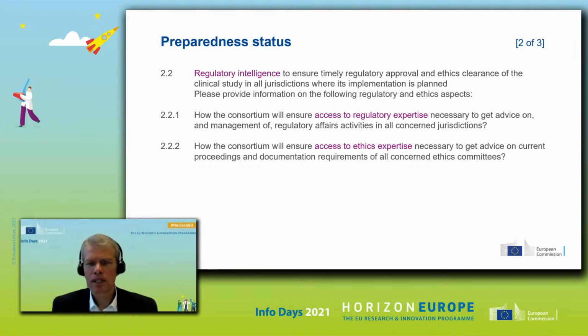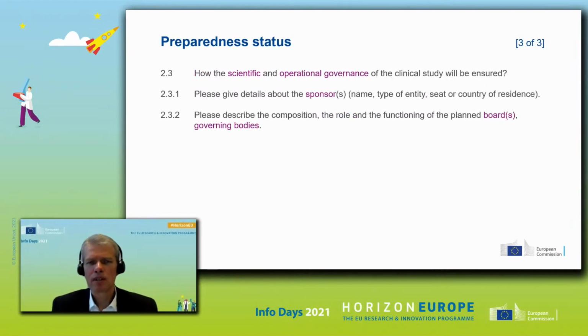And this is the last part of the preparedness status. Regarding the scientific and operational governance of the clinical study, it's important to know who the sponsor is, what type of entity the sponsor is, and where it is located. It also has consequences regarding the regulatory aspects.